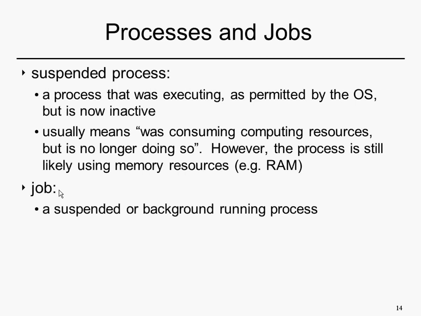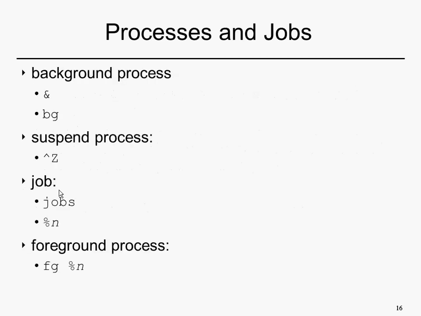Okay. Well, we've seen this. I can turn a process that is suspended or a background process into a foreground process by typing FG and the number of the job. So job 1, job 2, for example, etc. So if I get a list of jobs, I can convert ones from background to foreground or from suspended to foreground by using the FG command.